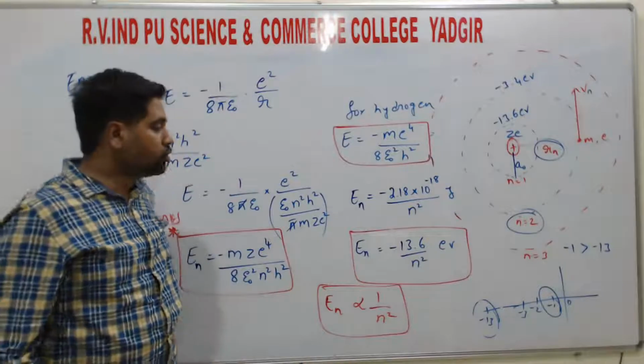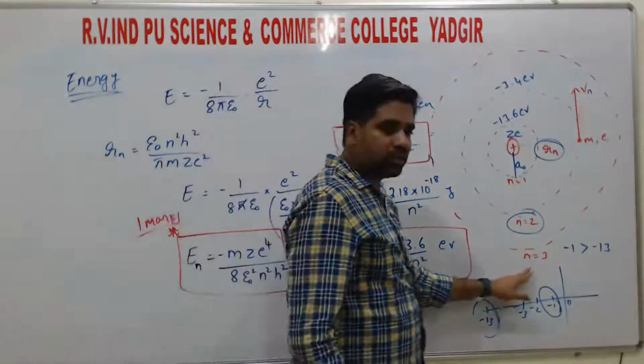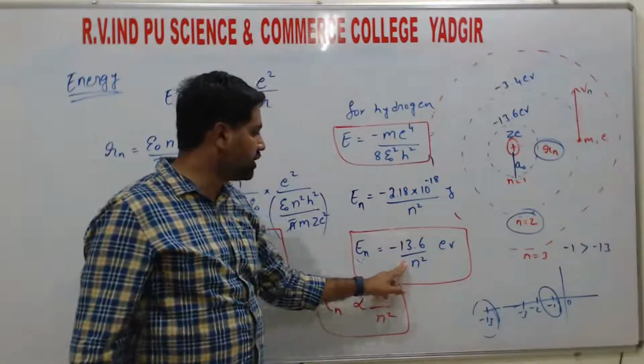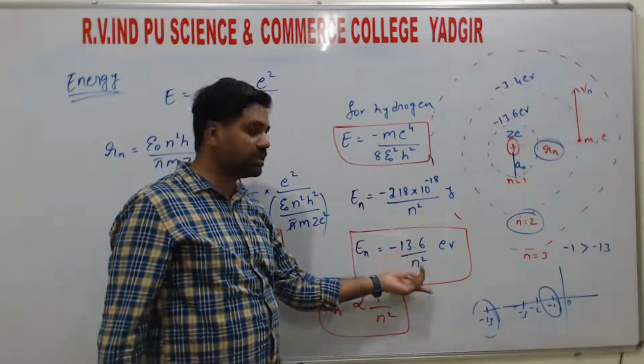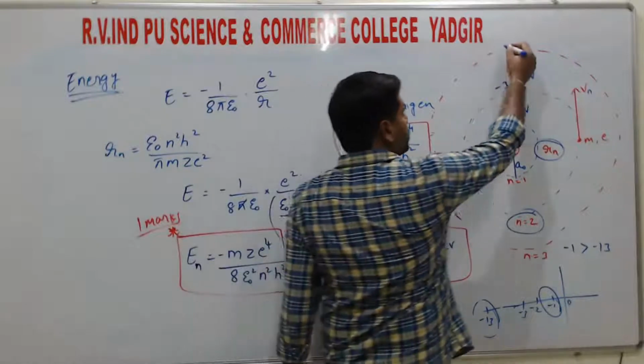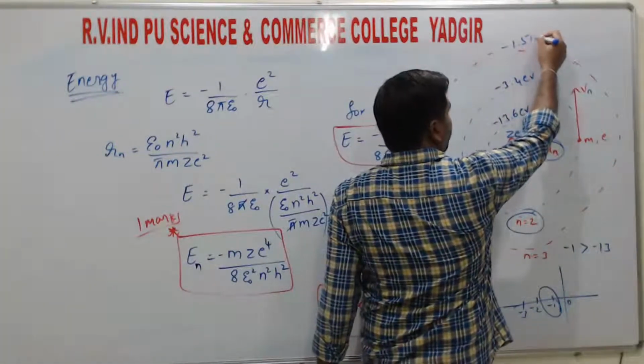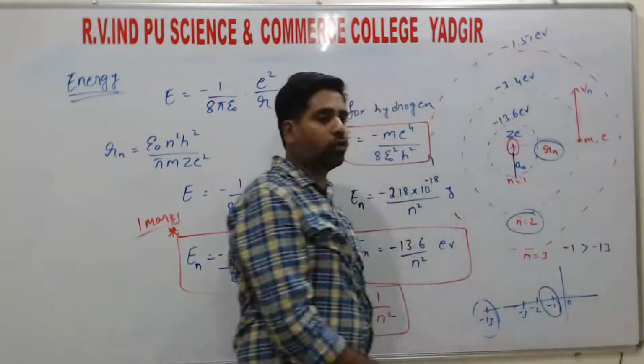Understand this. If we substitute n equals 3 in this relation, 3 square is 9, and 13.6 divided by 9 gives approximately minus 1.51 electron volt.